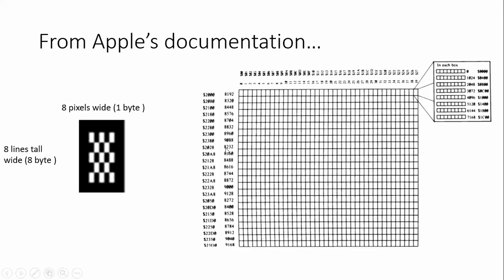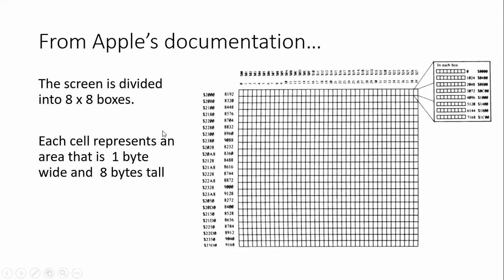So let's talk about the process. Let's say I've got a sprite and its y coordinate is 10. How do I find out where in memory line 10 is? Well, we need to understand the documentation. So our screen is divided up into boxes, and we have to figure out which one of these boxes our line is in, and we have to figure out which line within the box that is.